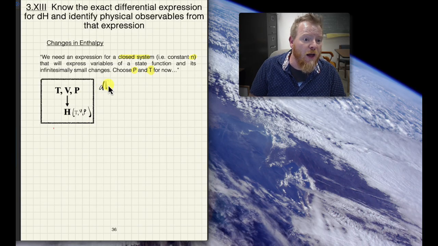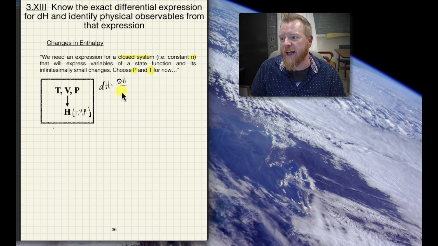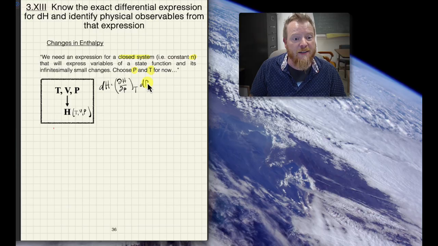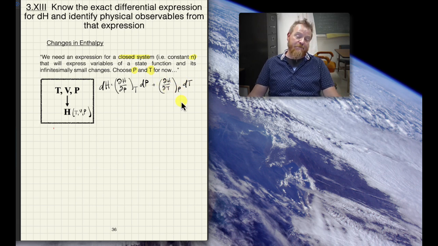So the total derivative in H must be the following: the partial of H with respect to P at constant T dP, plus the partial of H with respect to T at constant P dT.